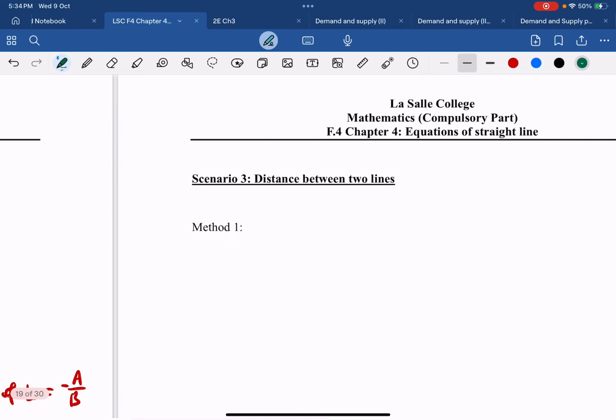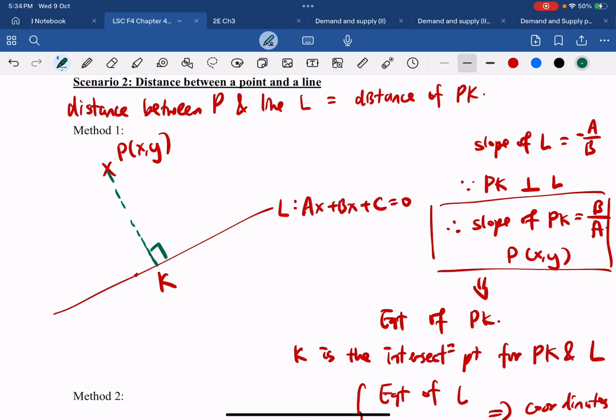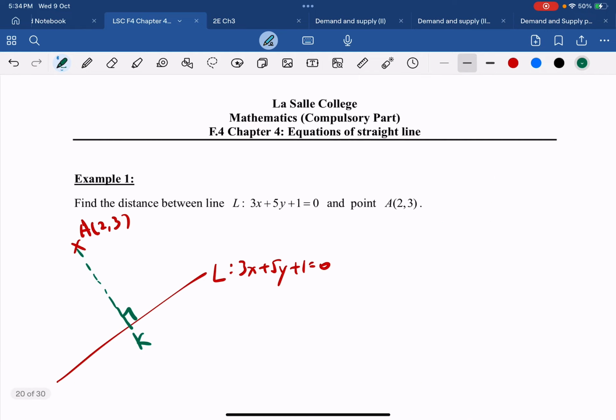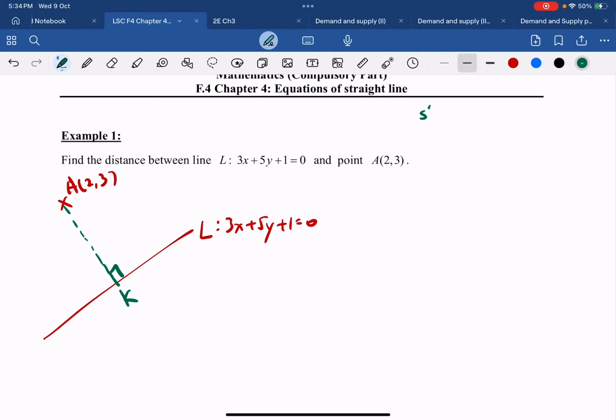So you just follow the steps. We find the slope of L first. The slope of L is negative 3 over 5, right? And since AK is perpendicular to L, the slope of AK is 5 over 3.